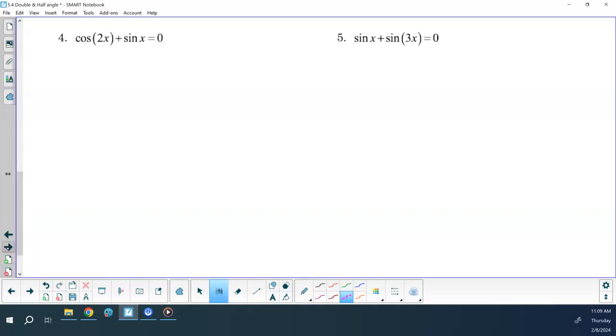Because it's sine of 3x, right? Okay? So what can we do with sine of x plus sine of 3x? So sine of 3x we're going to turn into what?